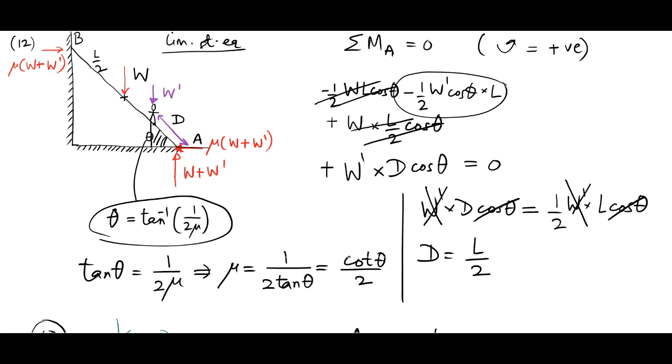So here you see that instead of having a non-uniform rod of weight W plus W dash, you have a uniform ladder of weight W. W acts at the midpoint, and on that you have a man of weight W dash who is climbing. So if I consider the ladder plus the man to be a single system, then naturally W plus W dash is going to act somewhere in between, somewhere through this line.